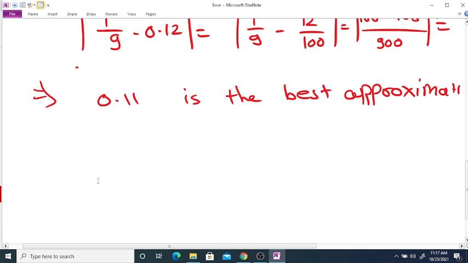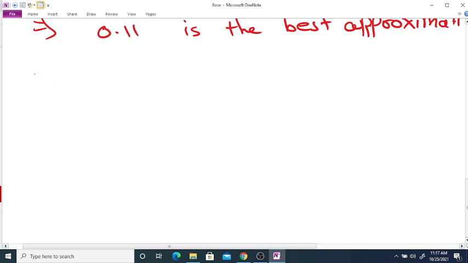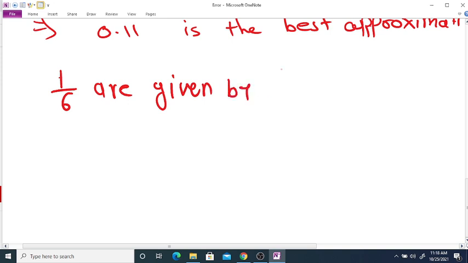Take one more example. Suppose three approximate values of 1 by 6 are given by 0.165, 0.166 and 0.167.